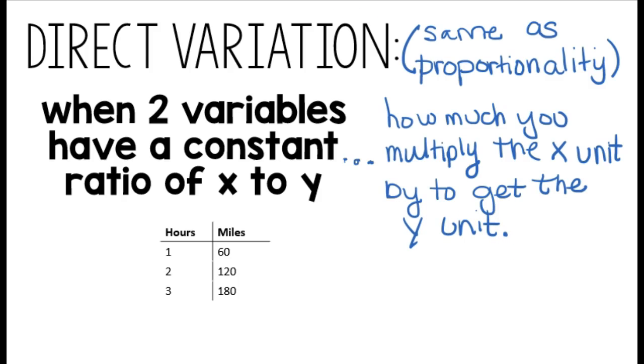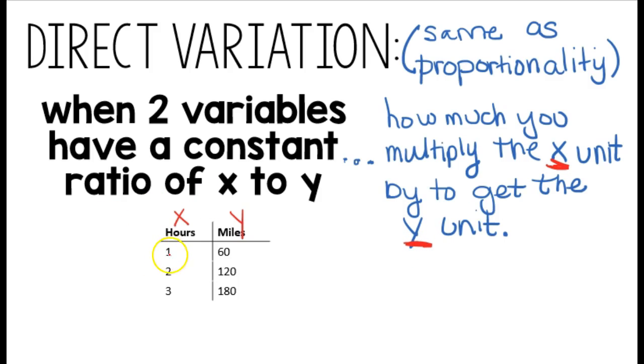What I'm going to do is use this little table right here as an example. So we have a table of hours to miles. If we think about the hours as our x and the miles as our y, what we need to do here is figure out how much we multiply x by to get y.